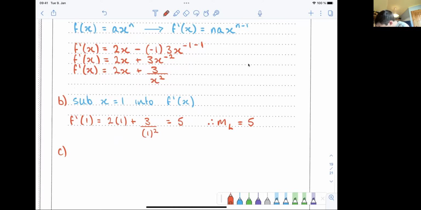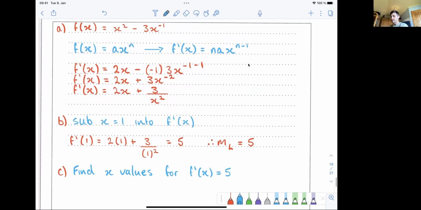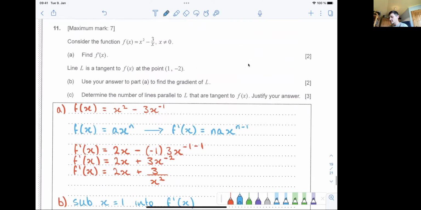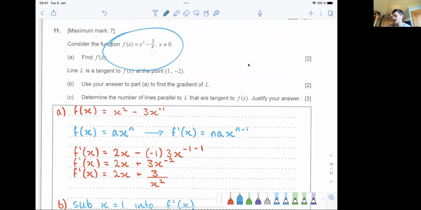So that was a bit of a roundabout way of saying it, but yeah, we need to find the possible x values for f dash x is equal to 5. And essentially this is saying how many times does our function here have a gradient of 5, but not including the line L. So we just need to find the number of lines that would be parallel to L, aka have the same gradient of 5.